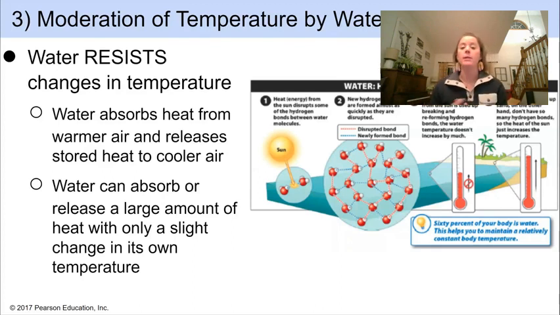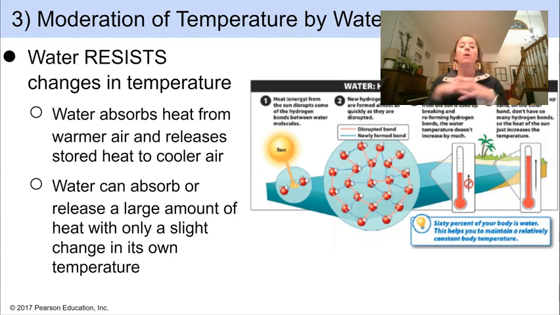Go to the other end of that spectrum, go to the fall, and you'll notice that it's starting to cool down, but the water is still fairly warm. The water and the air temperature are really close to the same thing. It's what makes the beach not very fun to go to in the fall, because you are not getting cooled off by the water the way that you would want to.